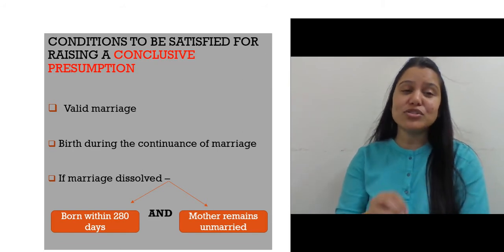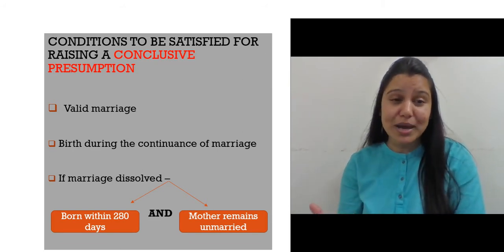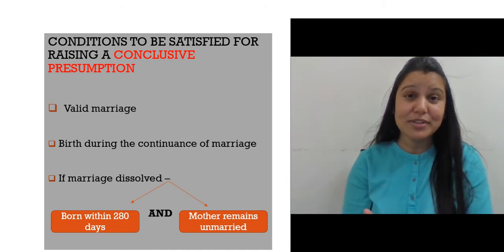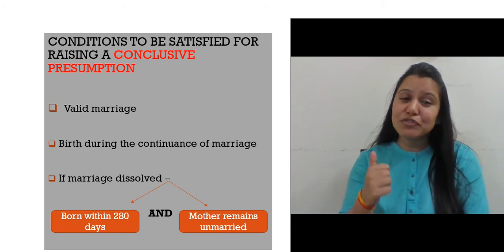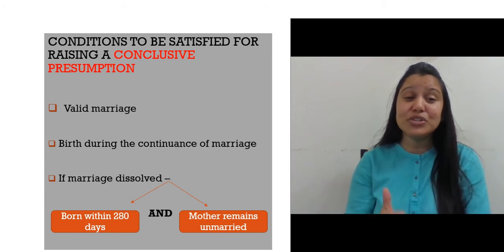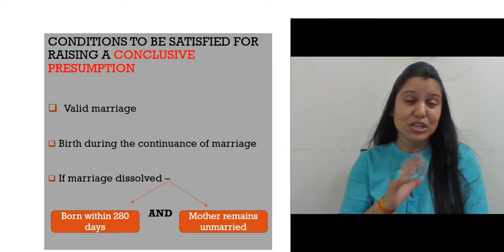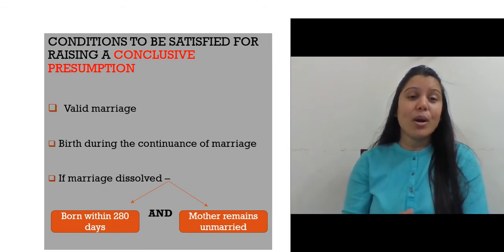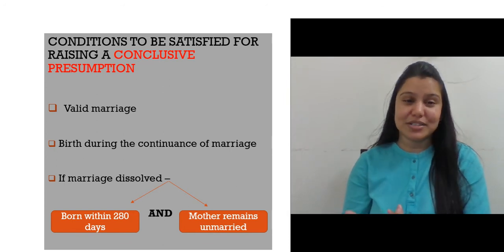But if the birth has not taken place during the continuance of the marriage, and has taken place after the marriage has been dissolved, then the two conditions are: the first, he should be born within 280 days of the dissolution of marriage, and the second, the mother remains unmarried.